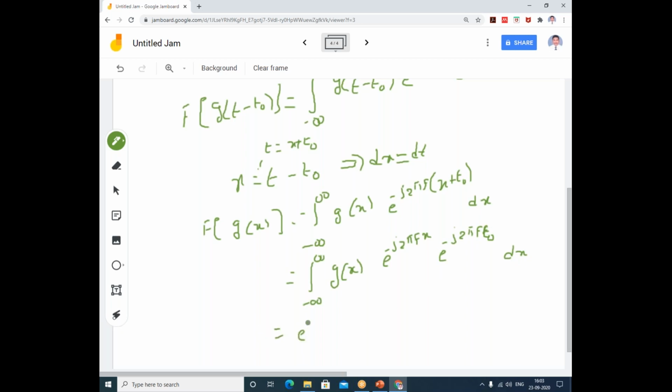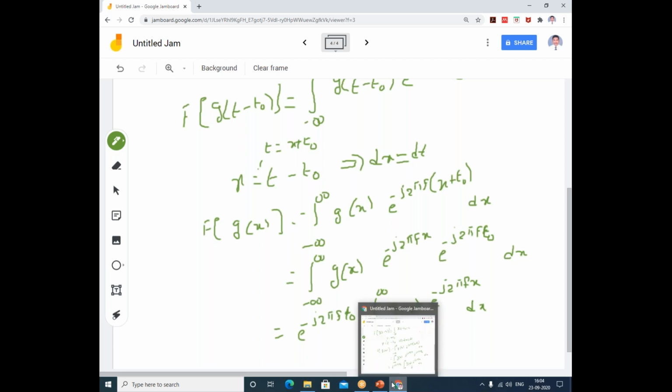Then you can write this as e power minus j 2 pi f t naught, integral from minus infinity to infinity g of x into e power minus j 2 pi f x dx. Now please try to understand this.